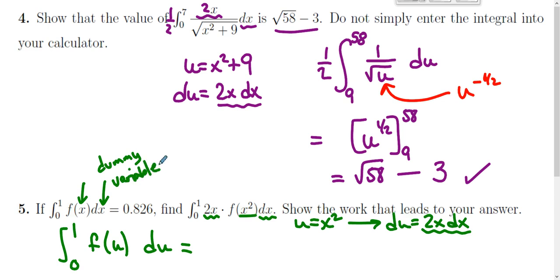You can do f of x dx, you can do f of t dt, you can do f of p dp, you can do f of smiley face d smiley face, and you can do f of u du. And all of those are the same thing. So this is this is this. And we're done.